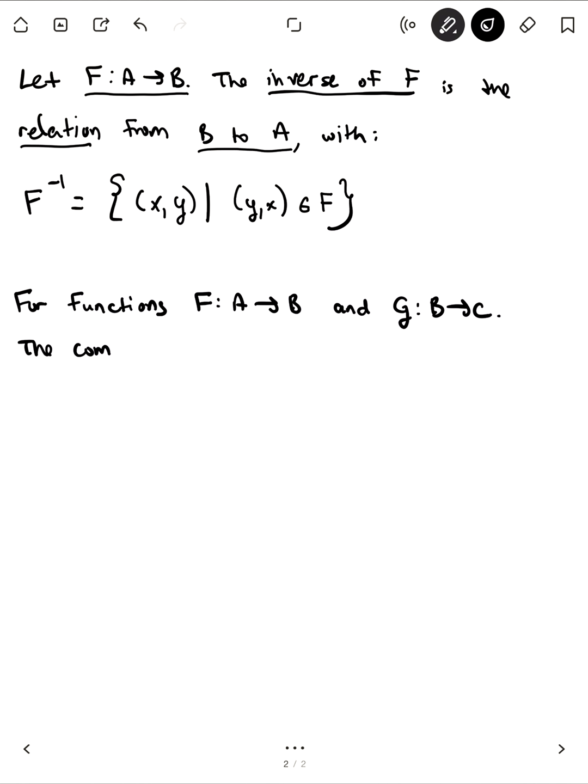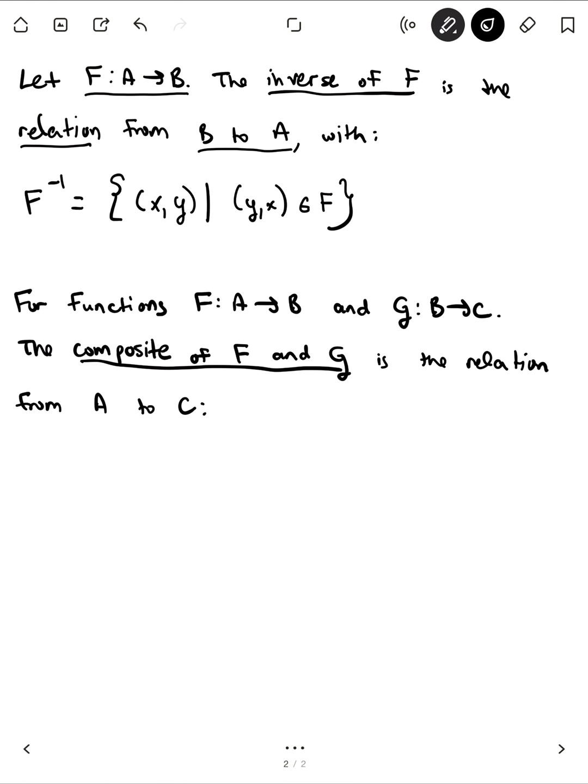This is similar to the composite of relations we talked about in class a couple of weeks ago. The composite of f and g is the relation from A to C.